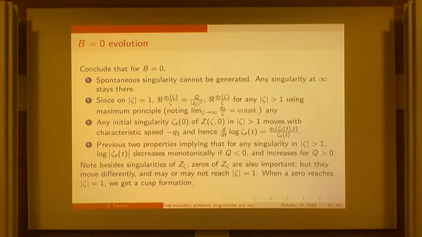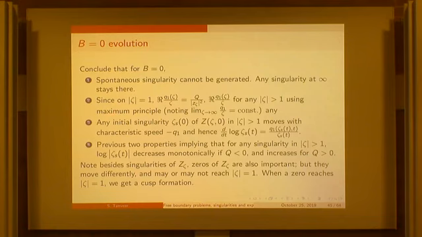In fact, that leads us to conclude that when of course this is the b equal to 0 problem, that spontaneous singularities are not born. If you don't have any singularities outside initially, you can't have anything coming in. And if you look a bit more closely into the equation, you can also see that if you had a singularity initially at infinity, it does not propagate anywhere, it stays there.